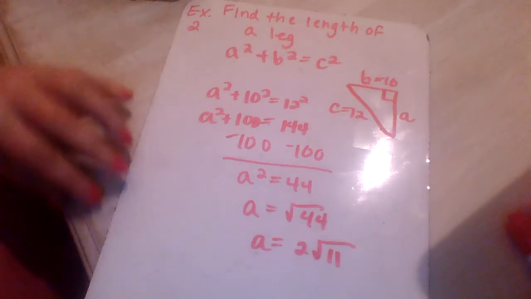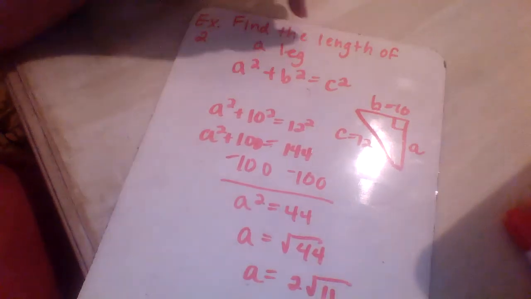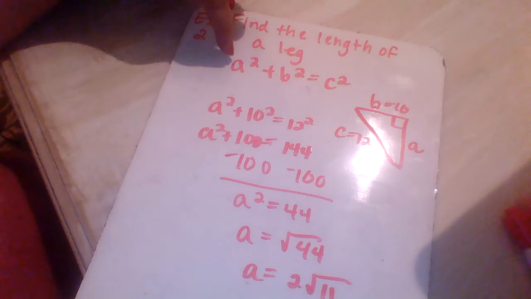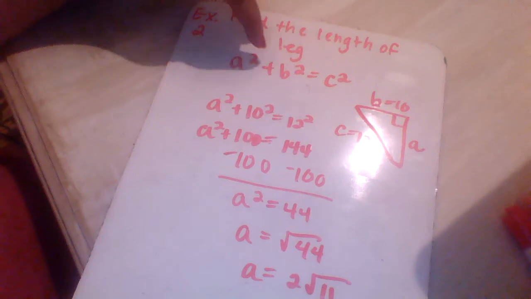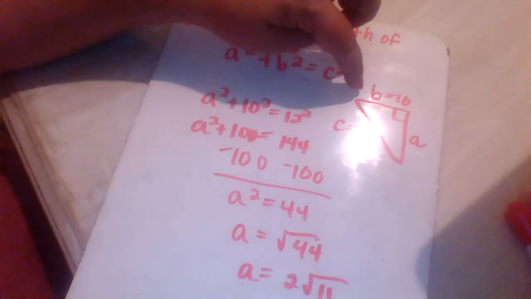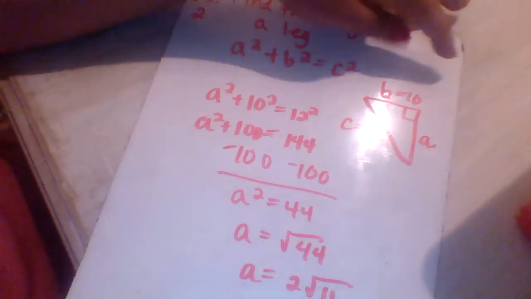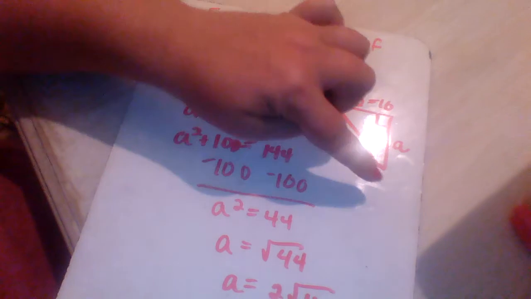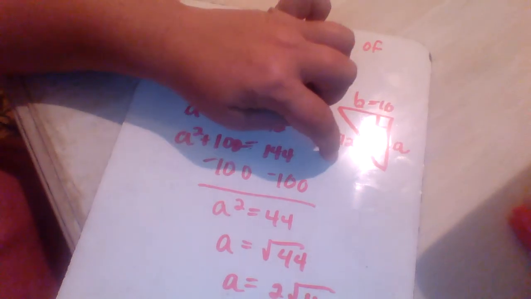So that is example 2. We're going to find the length of a leg. Same theorem, Pythagorean theorem, a squared plus b squared equals c squared. So now we know one of the sides is 10, and we know our hypotenuse is c equals 12.